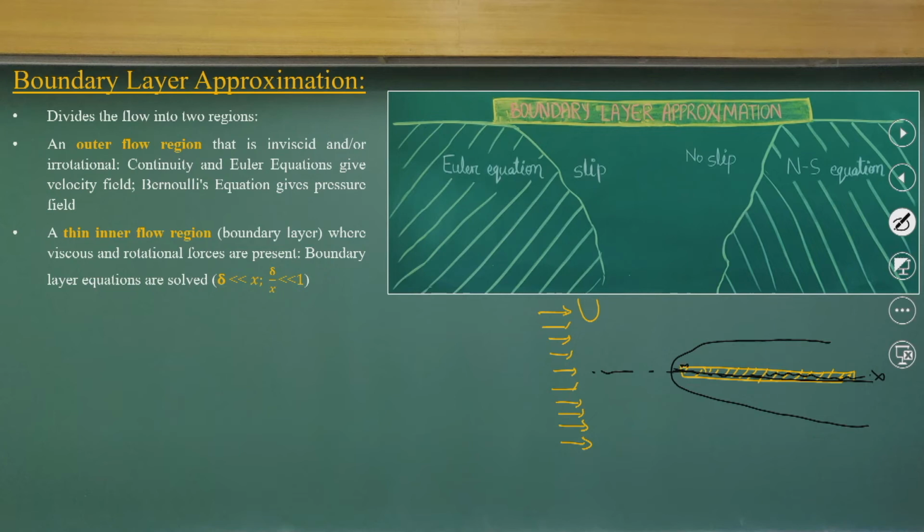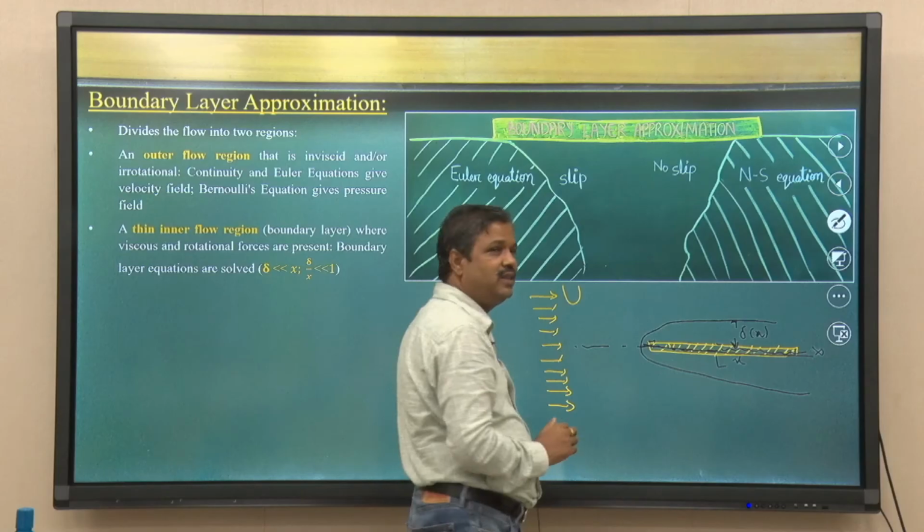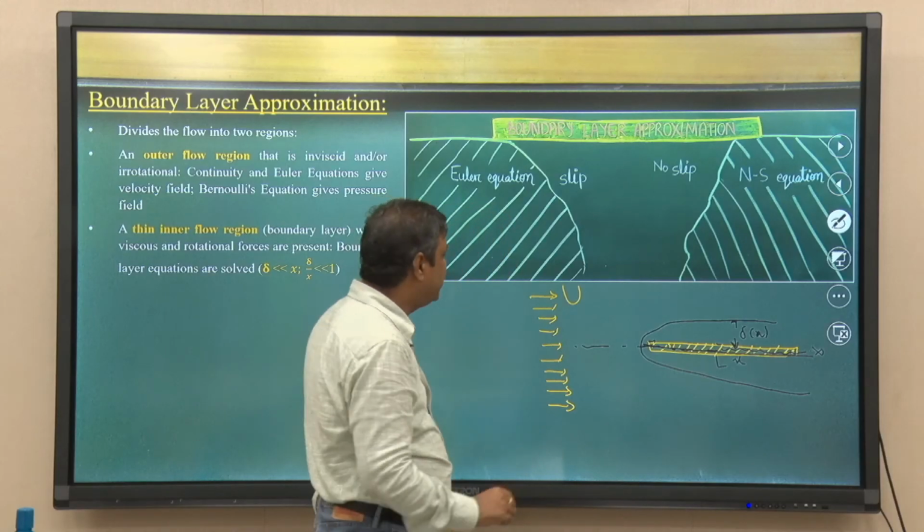At this point, I know the velocity is 0, and I have this x, the x direction, and L is the length of the plate. This is my boundary layer thickness, delta x, which varies with x. How do we define it?